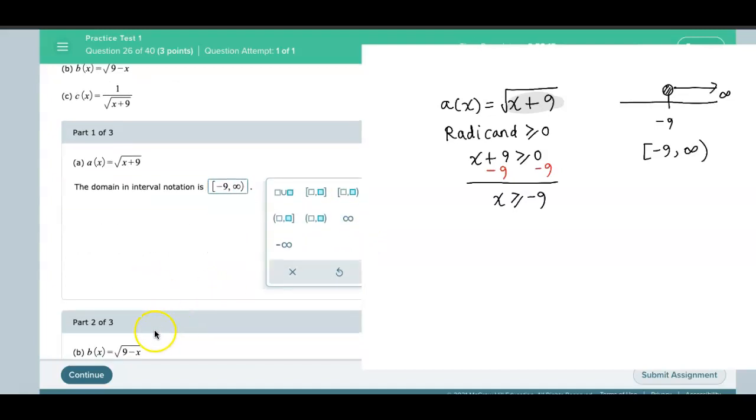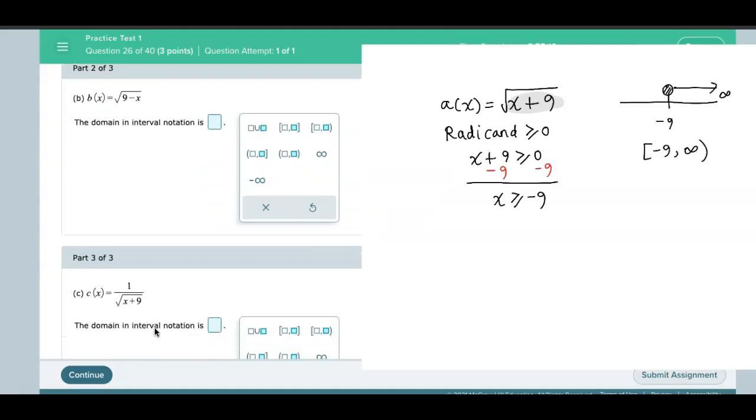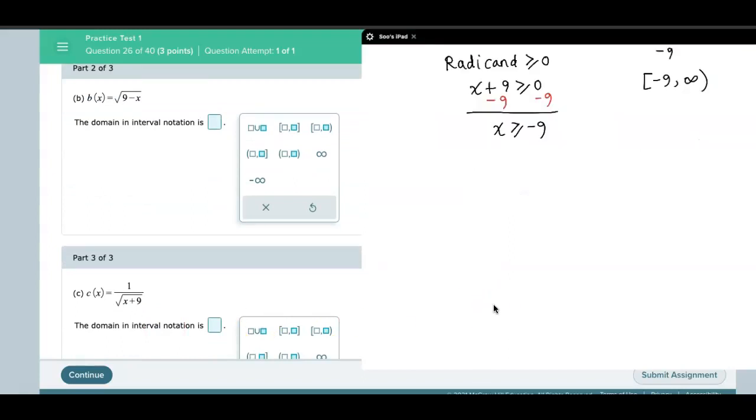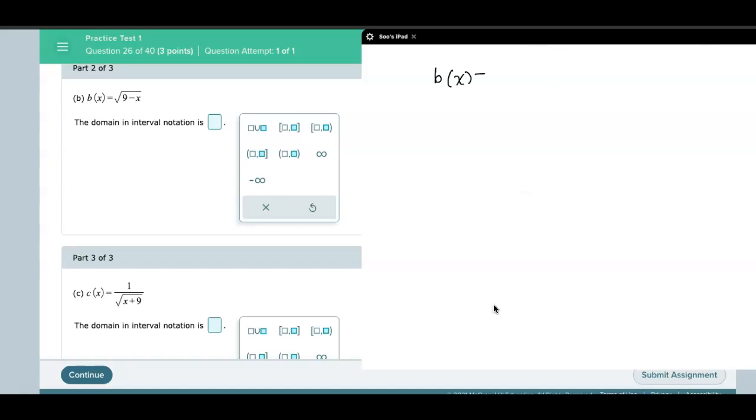All right, next one, part 2. Find the domain of function b this time. B of x is square root of 9 minus x. Same rule applies, that radicand has to be greater than or equal to 0.